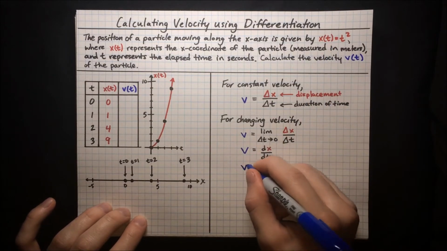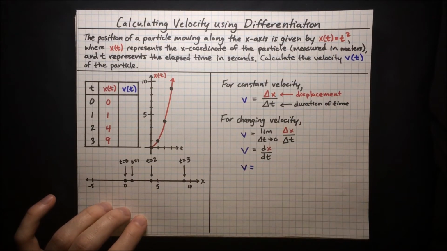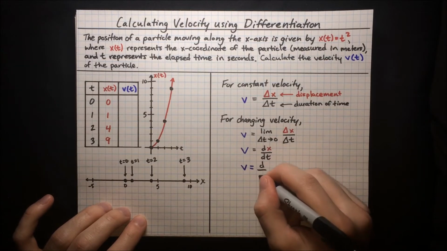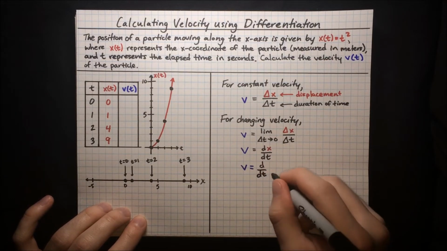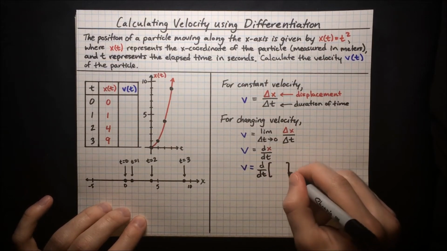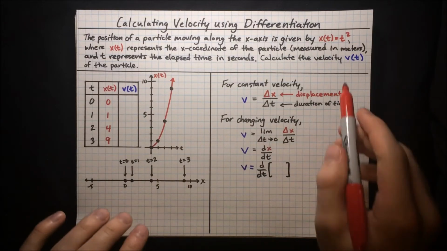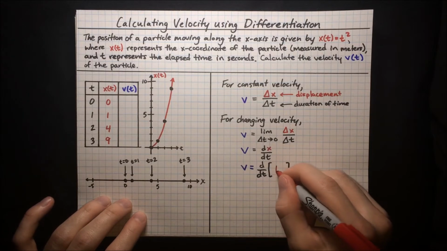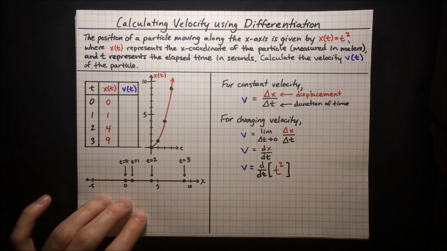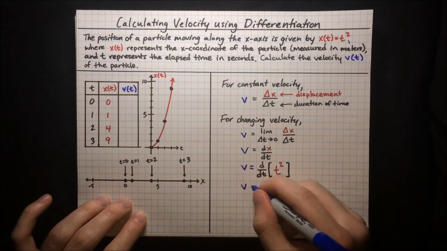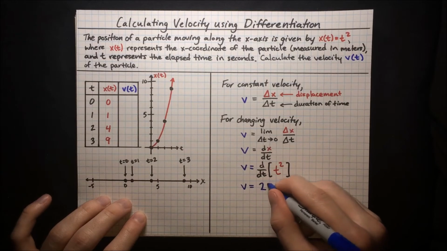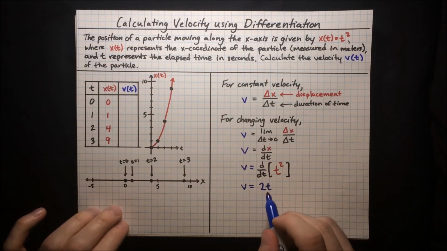So v is just the derivative d over dt of our position function. And our position function is just t squared. So put that t squared into the derivative and take that derivative of t squared, and you get v equals 2t. So velocity is just 2t.